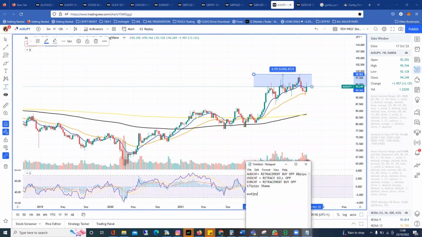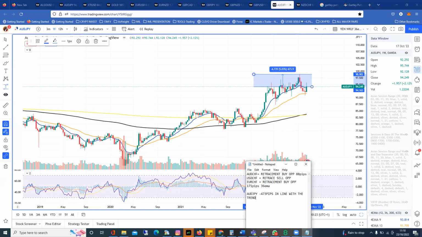Are you following me at all, guys, if you are in the room? Yeah. All right. So if you are following me, what we are doing is a selection process. Aussie yen can give about 473 pips, just back to the high, in line with the trend.